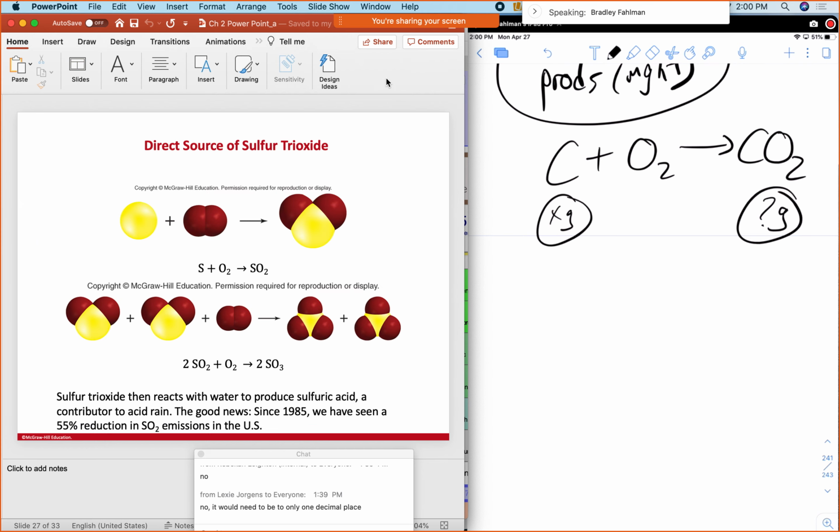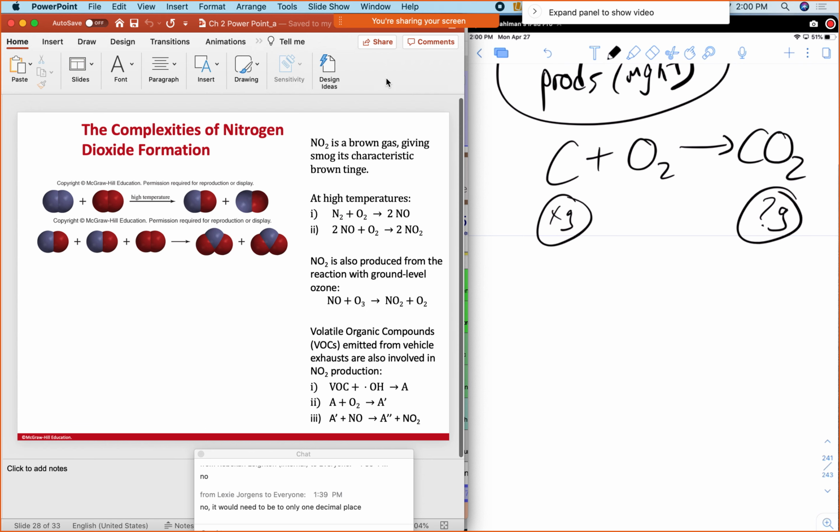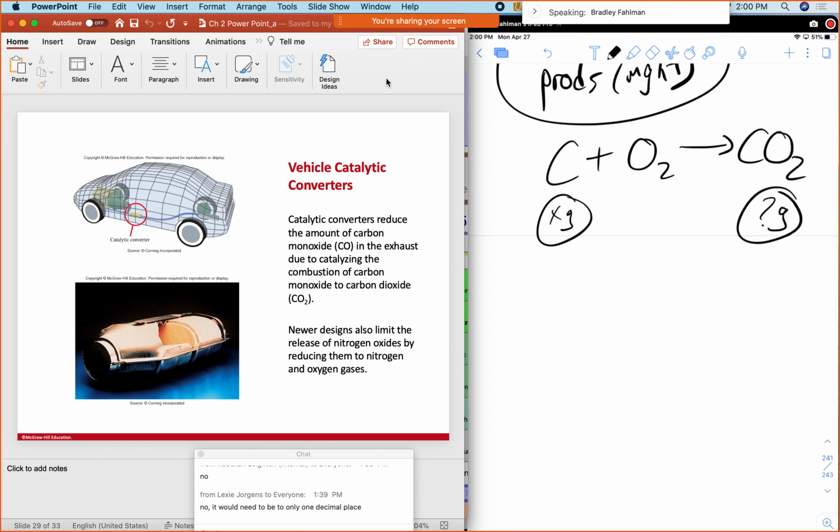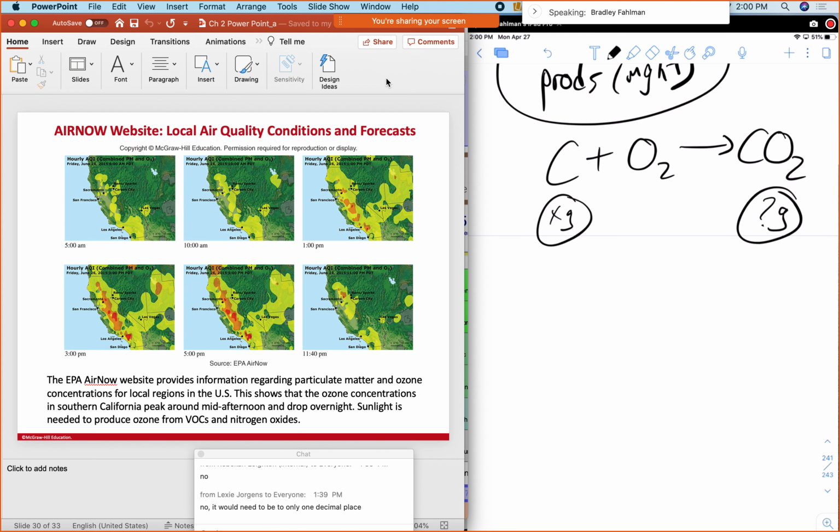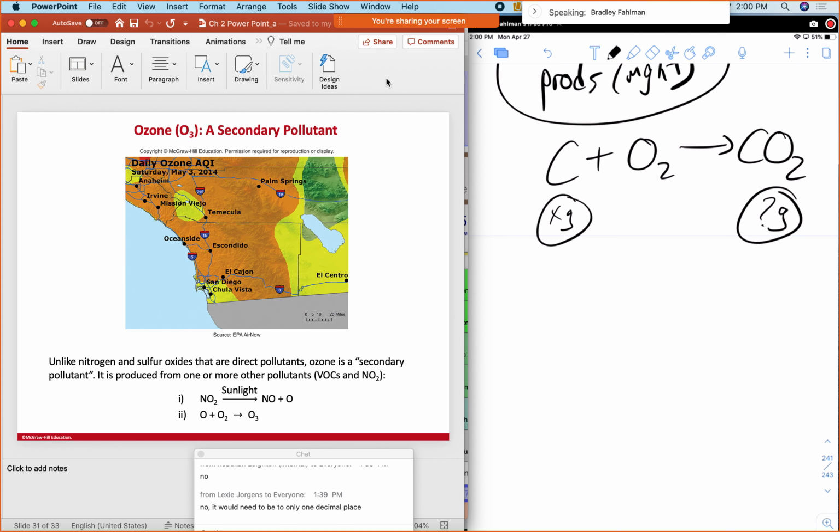These application questions, I won't ask any questions about. The only one would be ozone. Know that ozone is a secondary pollutant, which means it's not released directly by cars or industry, but forms through something else.